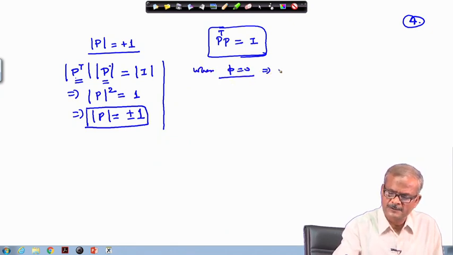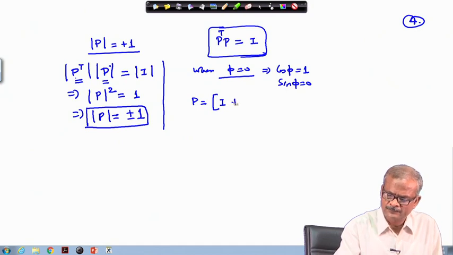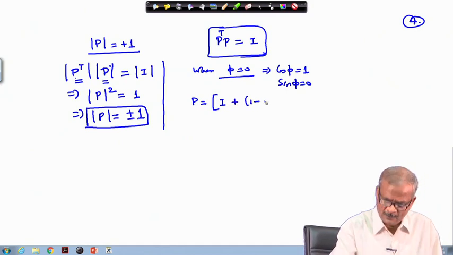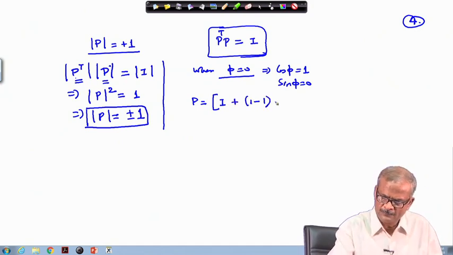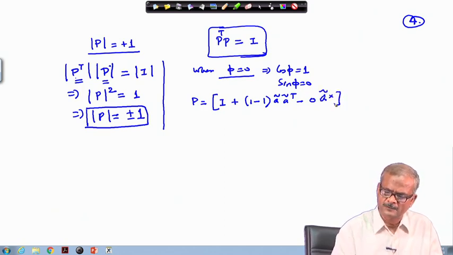Okay. So, this implies cos phi equal to 1 and sin phi equal to 0, and therefore, if you put these values in the P matrix, this will get reduced to I plus (1 minus 1) times A tilde A tilde transpose minus sin phi, which is 0, times A tilde cross. Okay.